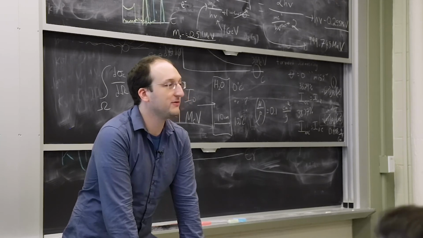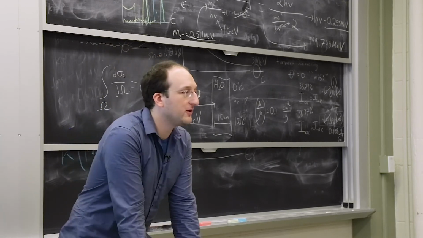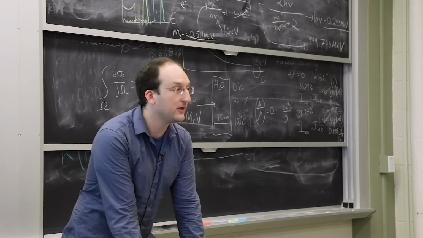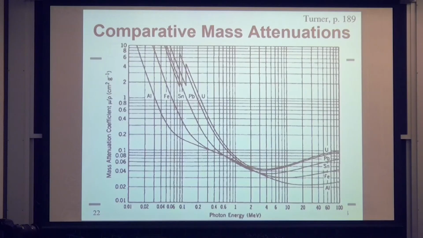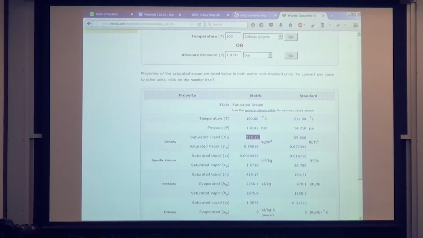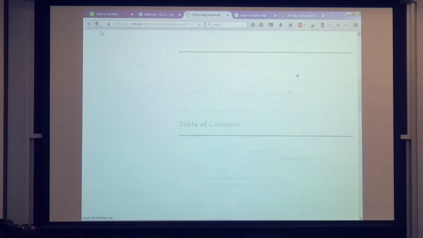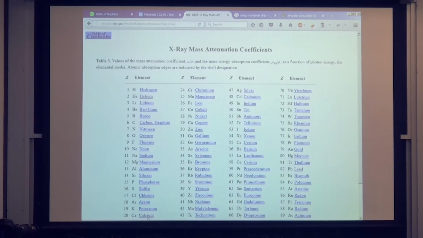Well, we have talked before about all sorts of different decay methods, including those that can eject electrons from different energy shells. You're looking at the same electron energy shells. If you have, let's say, a photoelectric-capable photon entering a calcium atom, and let's go look at calcium as an example. So I'll go to the tables of coefficients. I'm going to back up to elemental media, and I'm going to go to calcium.